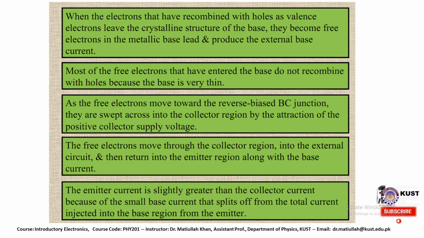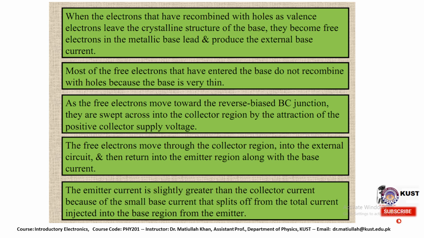When the electrons that have recombined with holes in the valence band lose the crystalline structure of the base, they become free electrons in the metallic base layer and produce the external base current. Most of the free electrons that have entered the base do not recombine with holes, because the base is very thin and they pass through.